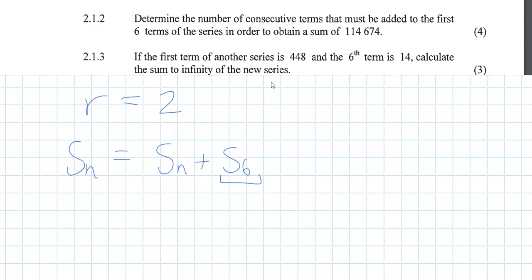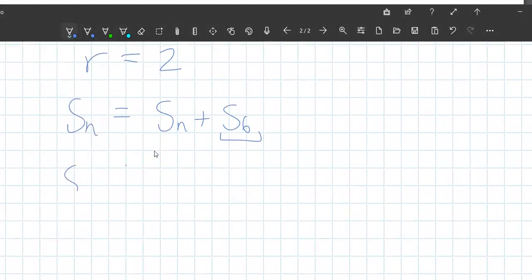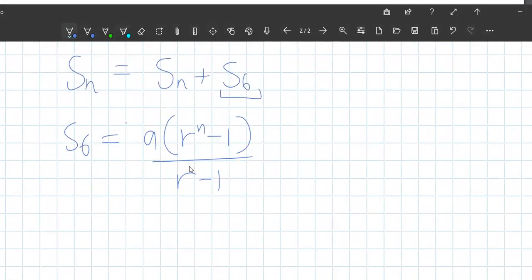For me, the first step here would be to figure out what S6 is. We're working with a geometric series, so we have our geometric sum to n formula. We already know our a and r values.